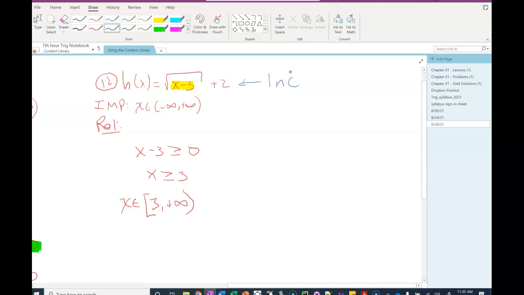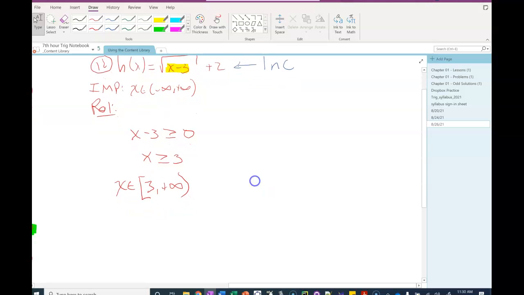Okay with that? Because this is increasing, I know that the lower bound for the range I get by just taking h of the lower bound for the domain, and the upper bound for the range is just going to be h of the upper bound for the domain.